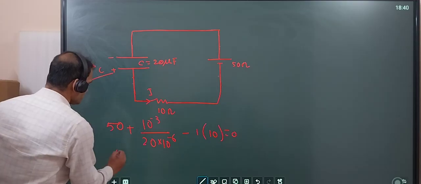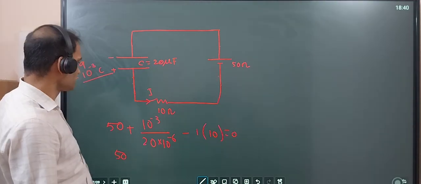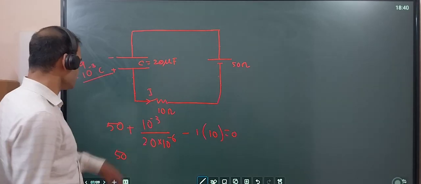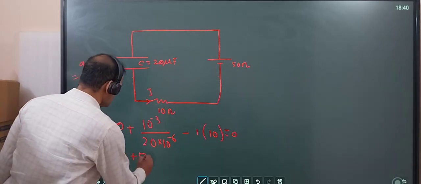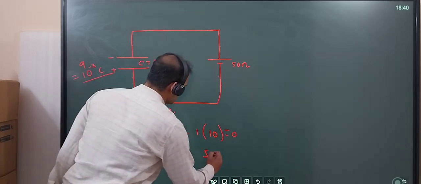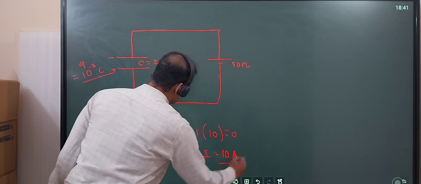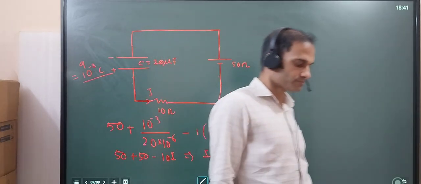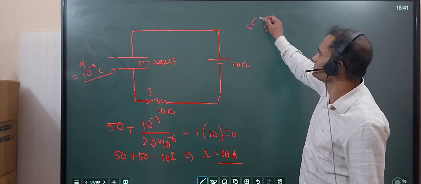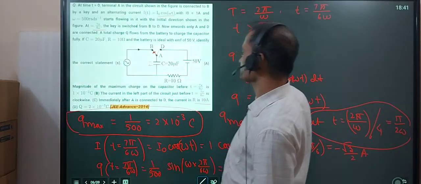So this will become 50, and fortunately this is also going to be 50. 1000 by 20 is 50, and it is 10 I, so I is going to be 10 ampere. So this part is correct. So C was correct. Now let us see what they are asking about D.